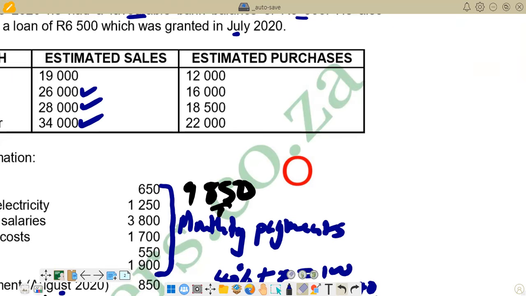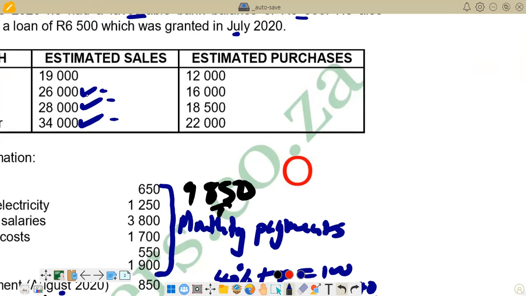For credit sales, we are saying credit sales for this month will be paid after 30 days, which is the following month. The months we are preparing this cash flow statement for are July, August, and September.